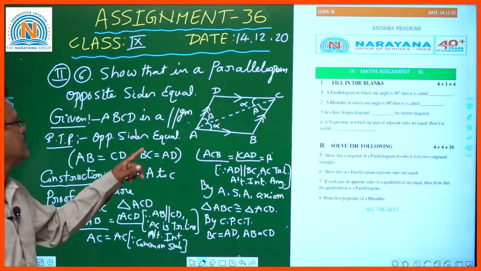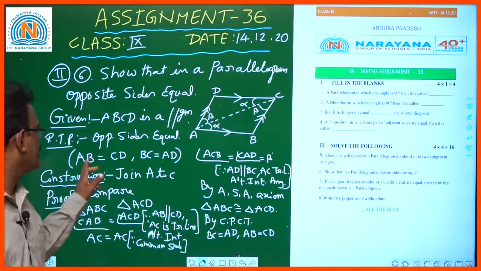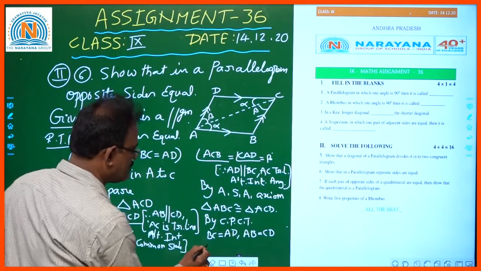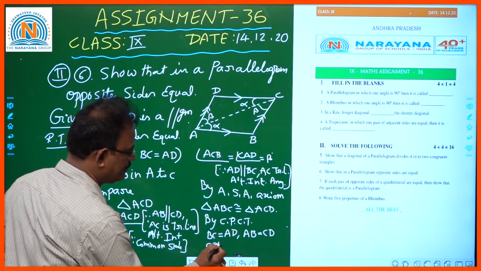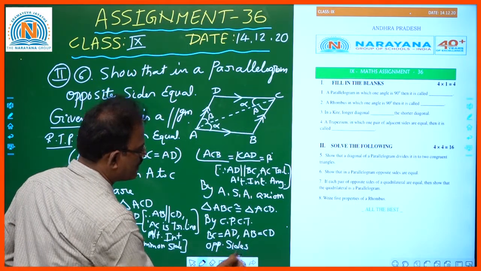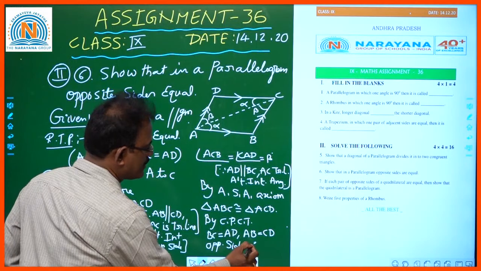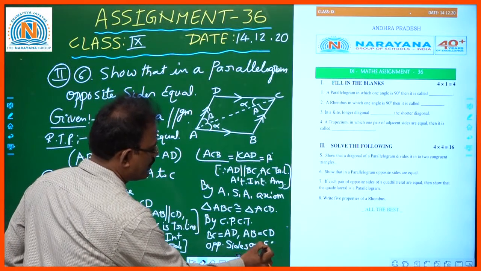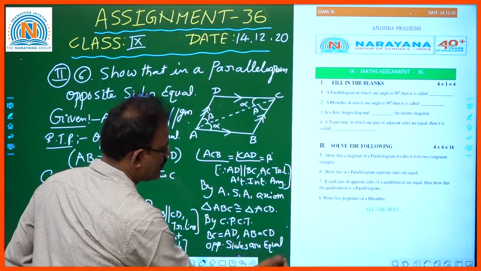See now, BC is equal to AD, AB is equal to CD, which is nothing but opposite sides are equal.